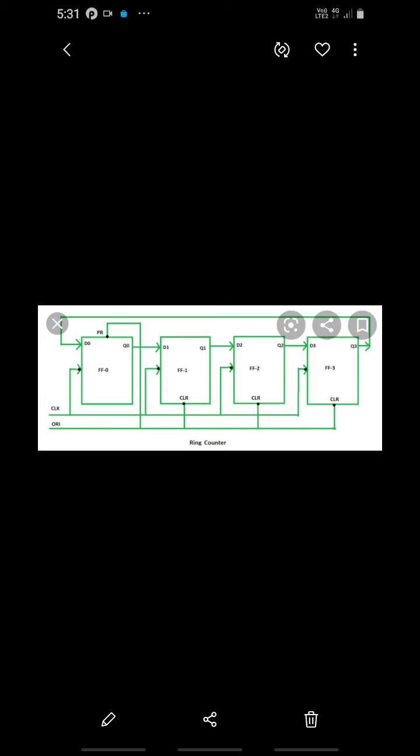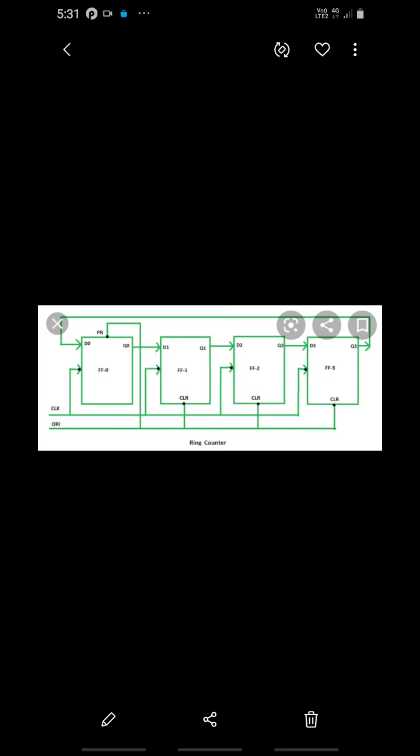the output of the first flip-flop is connected to the next flip-flop input, and the last flip-flop output is connected back to the first flip-flop input.